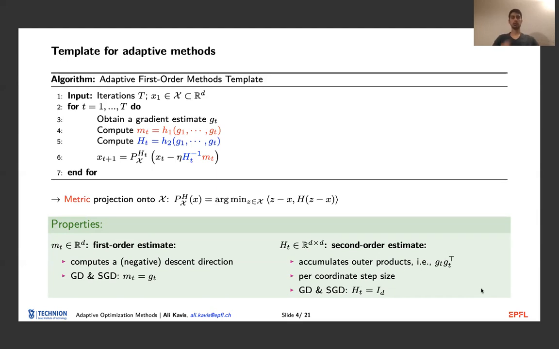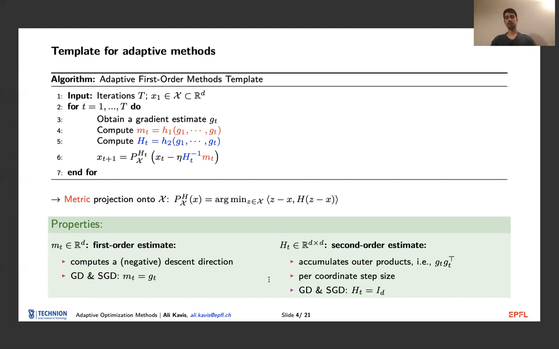Most of the time, and actually in the rest of this lecture, we will see adaptive methods that use the diagonal of HT only, meaning instead of accumulating the whole matrices, they're taking the element-wise square of each estimate and then summing them up in some particular way. So this eventually leads to having a per coordinate step size, which is computed dynamically based on the gradient information.